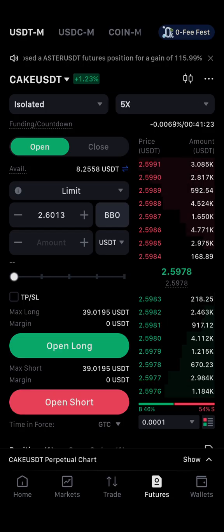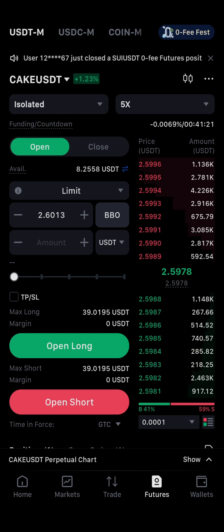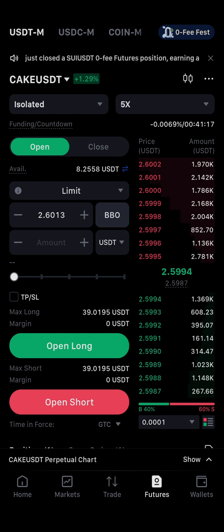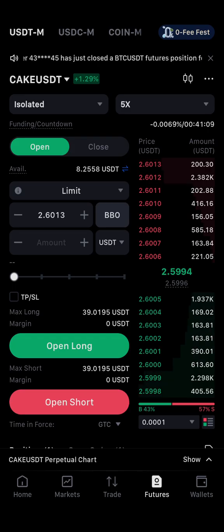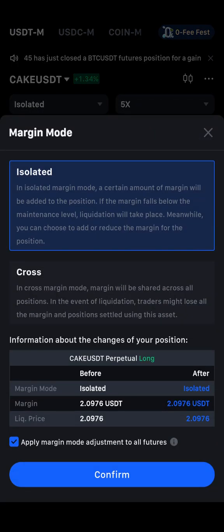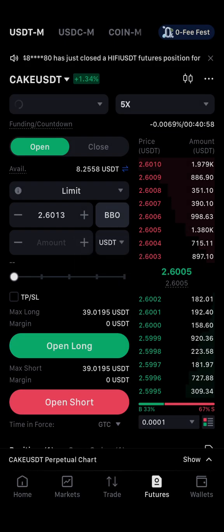We have isolated, and we have cross. In your own, you might be seeing cross as default here, but what we are trading with is isolated margin. So you ensure that you select isolated and confirm it this way.